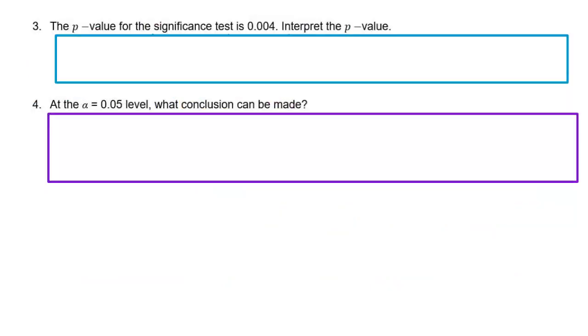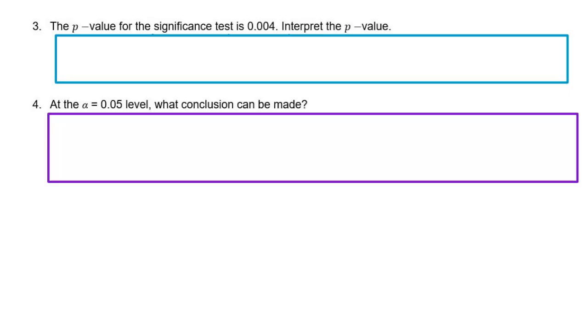And they calculated a p-value of 0.004. How would we interpret that? Assuming the Ho is true. What is the Ho? P1 minus P2 equals 0.